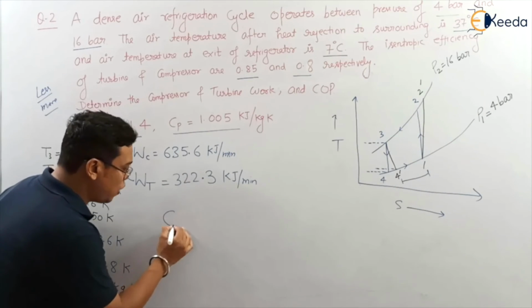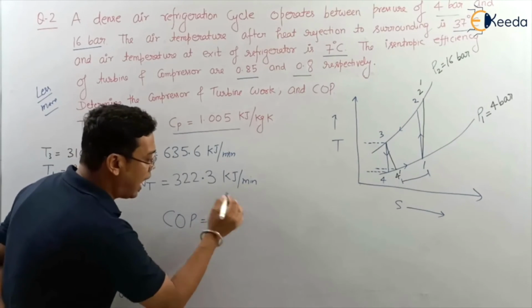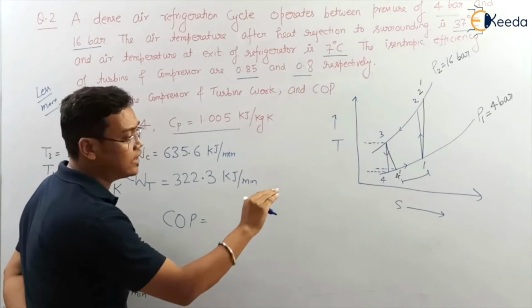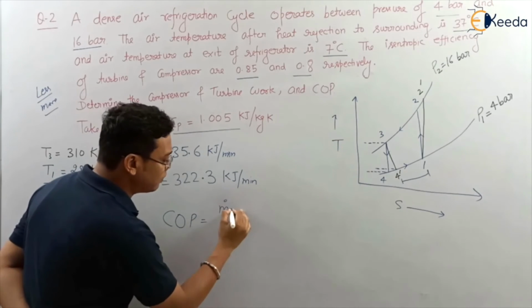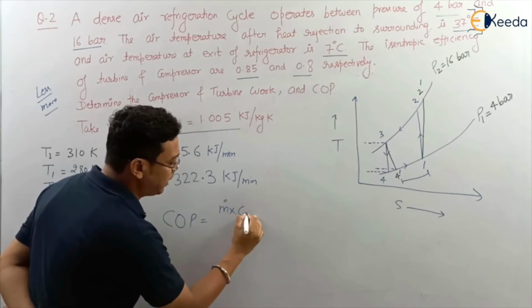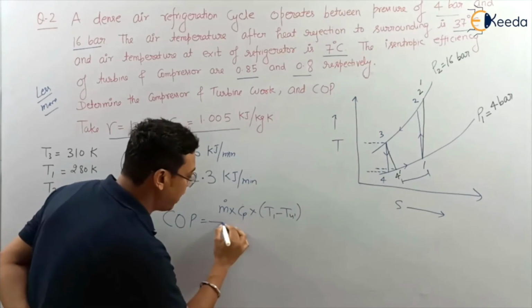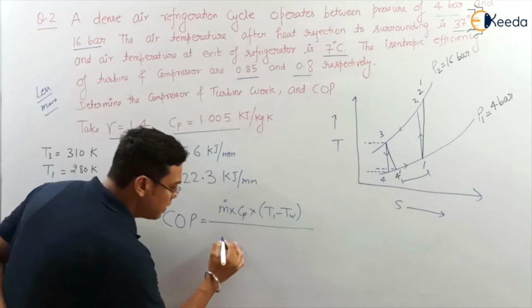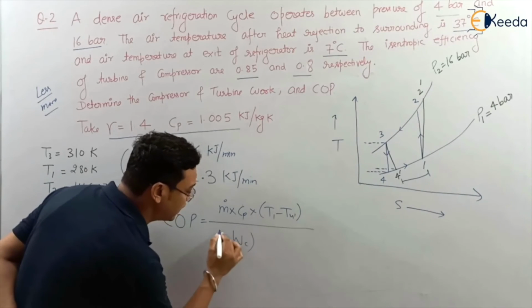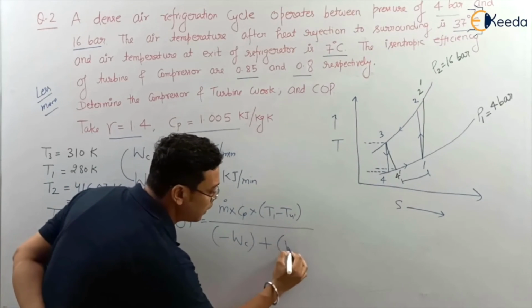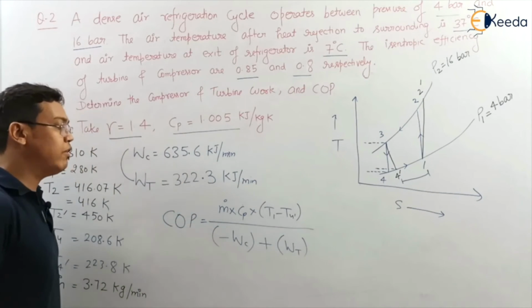So COP will be the refrigeration effect, mass flow rate into Cp into (T1 minus T4 dash), divided by the net work, which is minus WC plus WT.